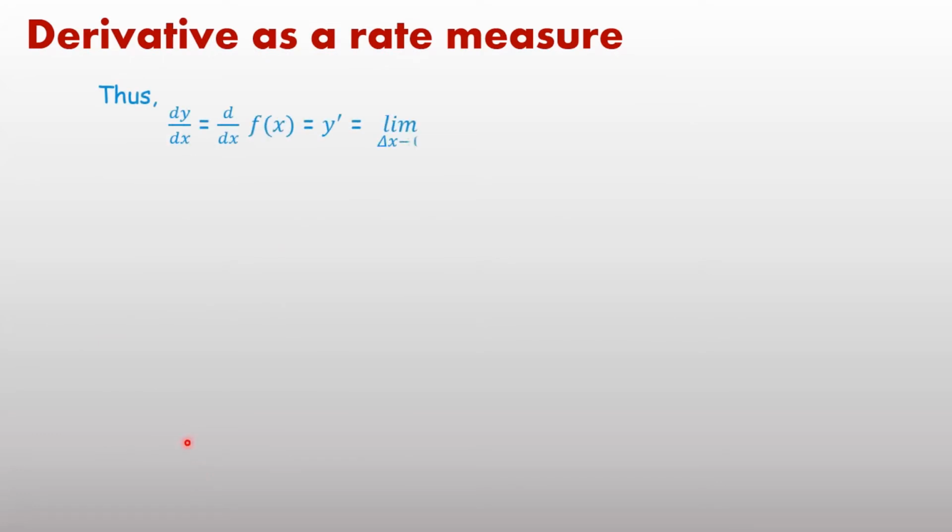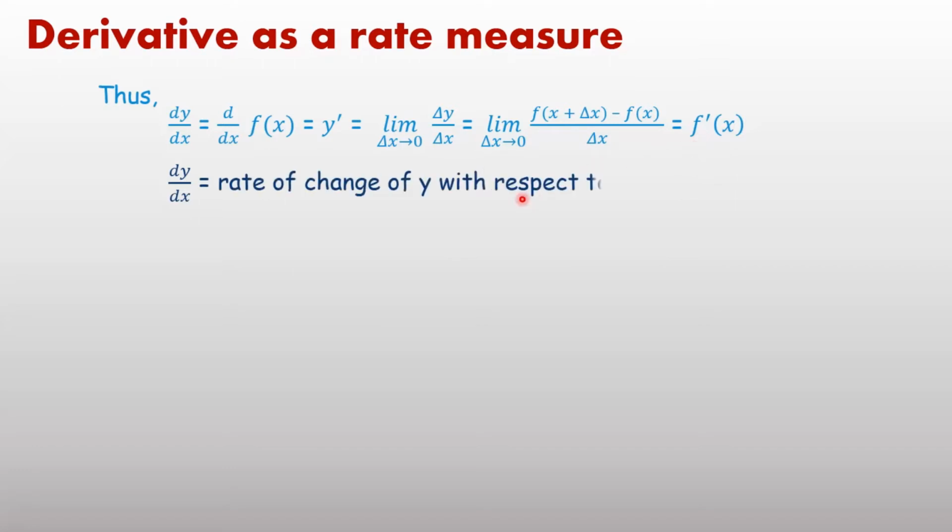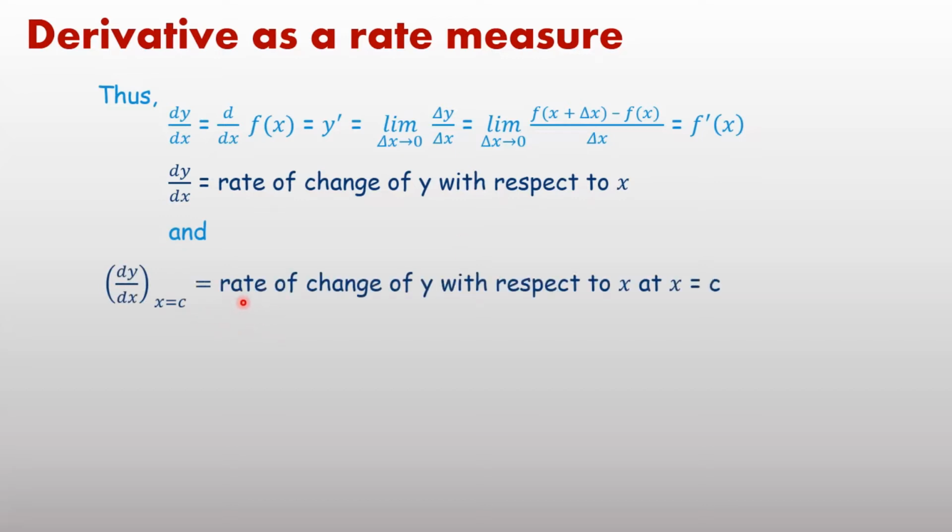Therefore, dy by dx we can write as d/dx of f(x), or y dash, or limit delta x tends to 0 of delta y upon delta x, or simply f dash x. And dy by dx means the rate of change of y with respect to x. And dy by dx at x equal to c implies we are going to find the rate of change of y.